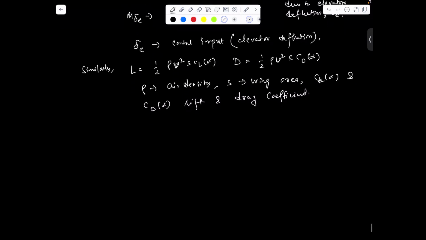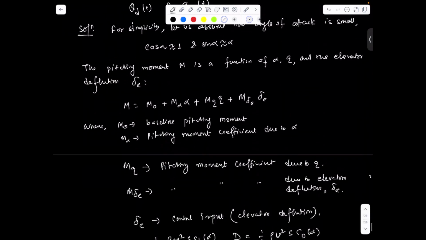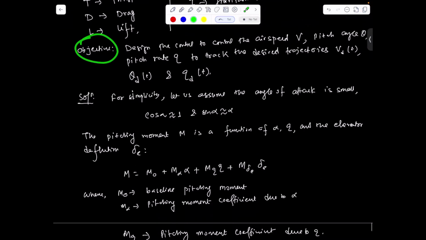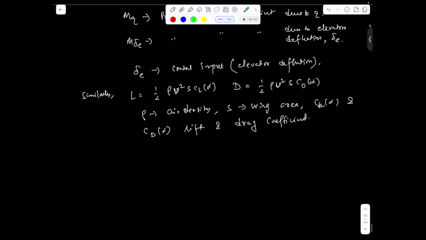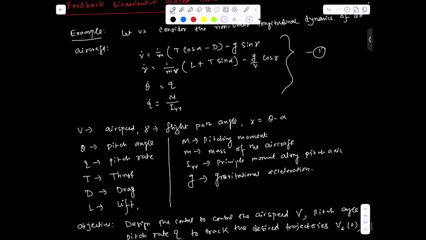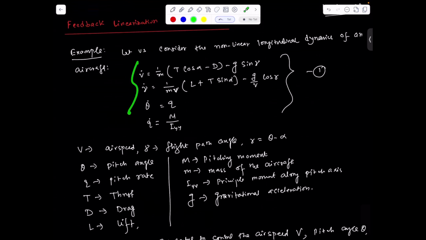So as per the problem, our control objective is... The process we are following to solve this problem, the same process we can follow for other dynamical systems. So these are basic examples of how we can design the control for this particular system. If you have another dynamical system in a different form, we can follow the same steps.